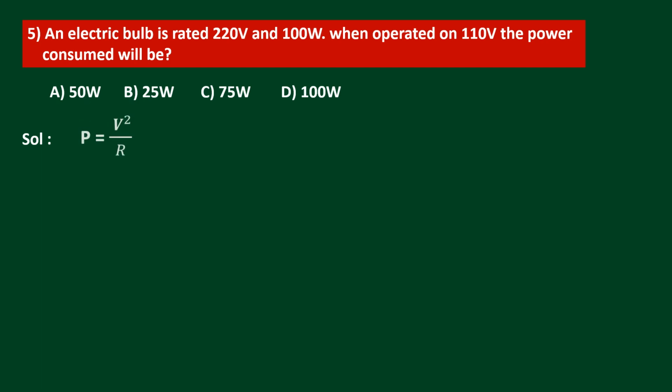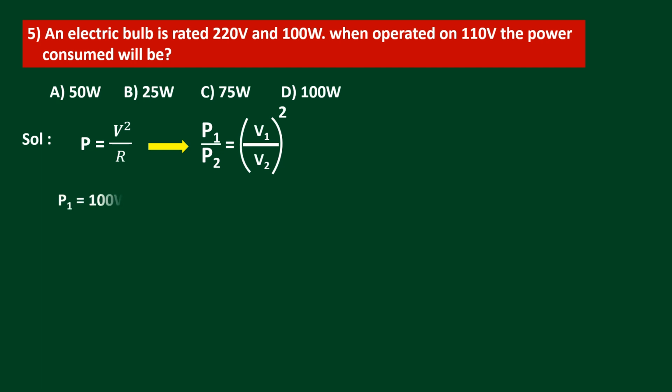We know that power P is equal to V square by R, and from this we can see that power and voltage, they are directly related. So we can write the equation P1 by P2 is equal to V1 by V2 whole square, where P1 is equal to 100 watts, V1 is equal to 220 volts, and P2 we have to find, and V2 is equal to 110 volts.